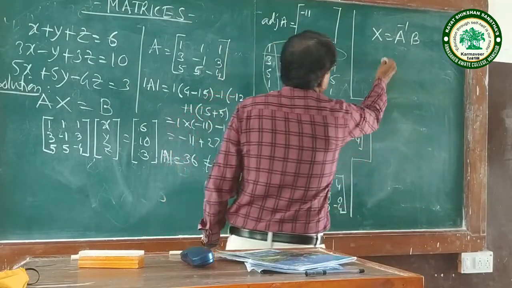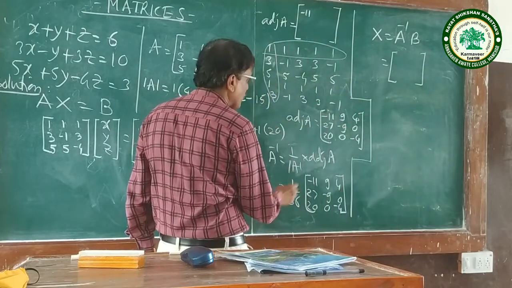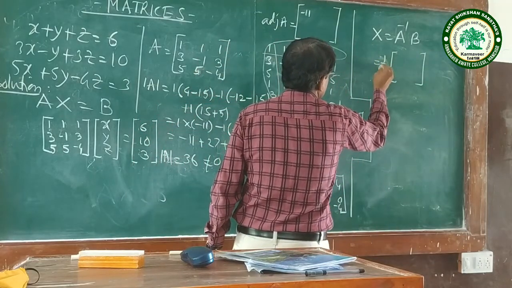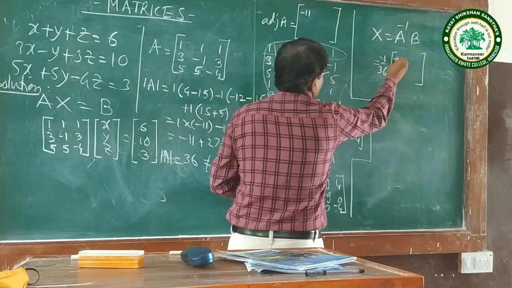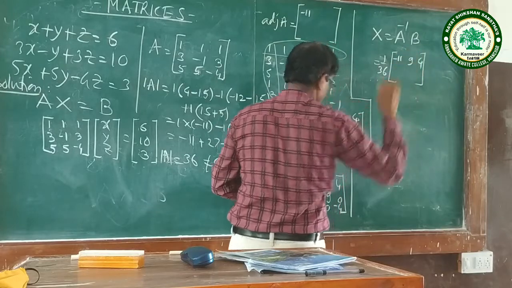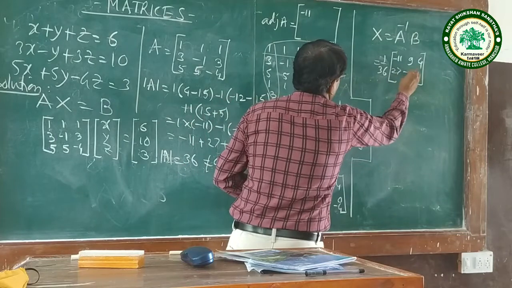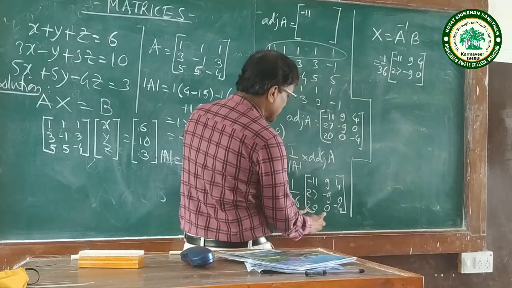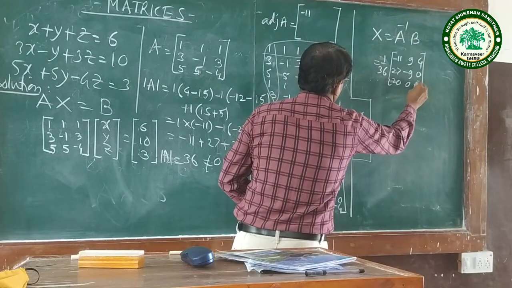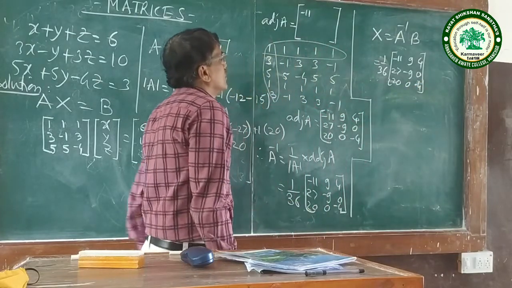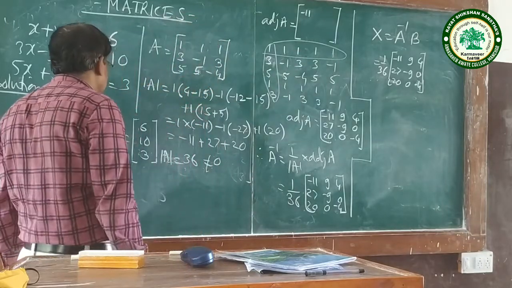Now X is equal to, what is A inverse? See here, 1 upon 36 times minus 11, 9, 4, 27, minus 9, 0, 20, 0, minus 4, into B. What is capital B?